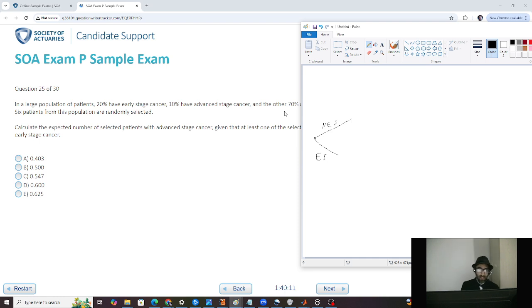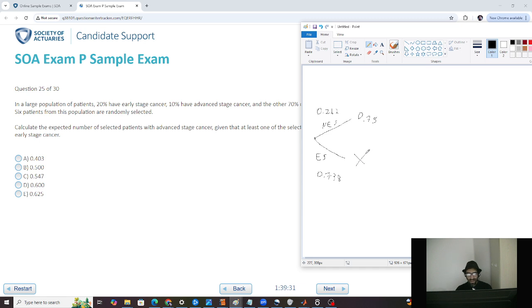So the probability of any given person having advanced stage cancer is no longer 1/10, it's 1/8. 6 times 1/8 is going to be 0.75. And the probability of none of our 6 having early stage cancer is going to be 0.8 to the 6th, or 0.262. Which means our remaining 0.738 are cases where at least one has early stage cancer.